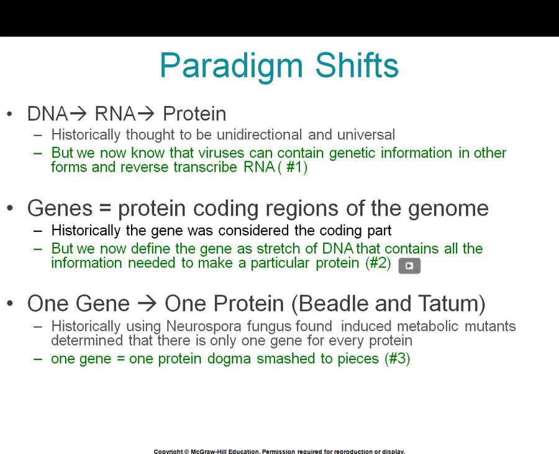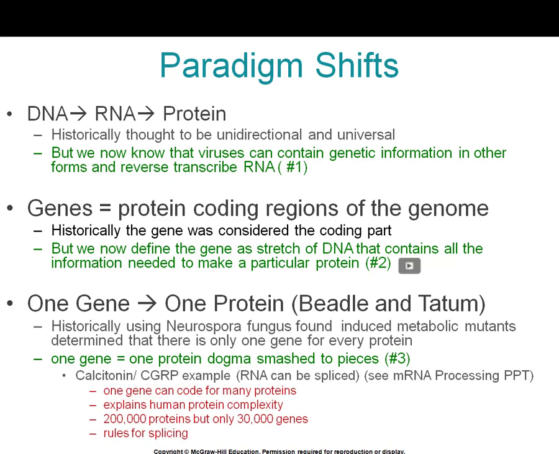But now we know that one gene can actually code for multiple versions of the same protein because of alternative splicing. And this is why we have only about 24,000 genes that are known, and perhaps we have more genes that haven't been discovered yet.